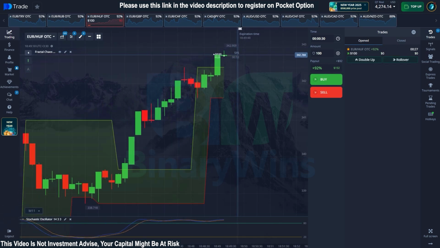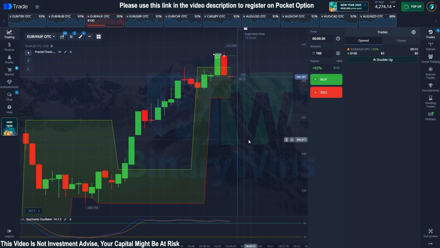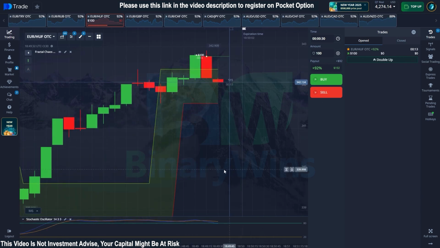If you look, we have an uptrend and the stochastic is in the overbought range. It's okay, we will compensate our trade in the next position, okay?